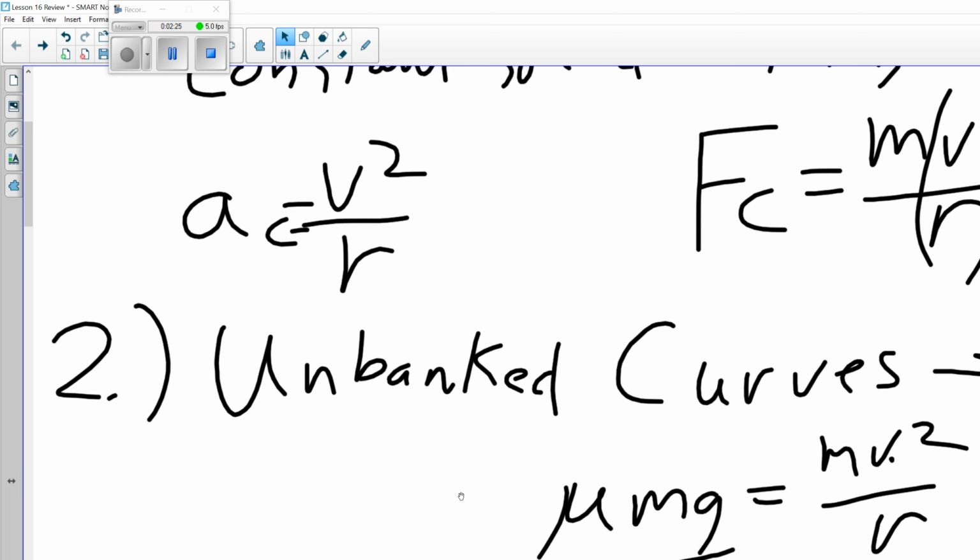Should you expect an unbanked curve problem on your unit exam? I would.